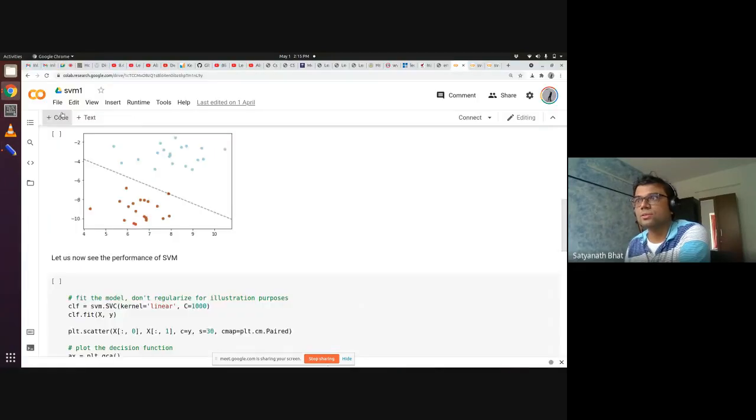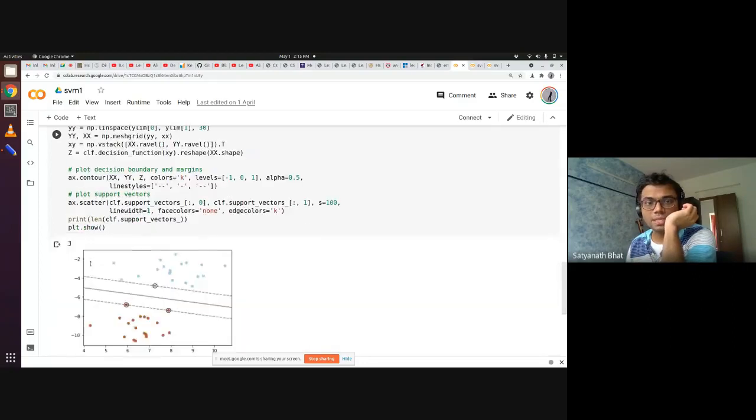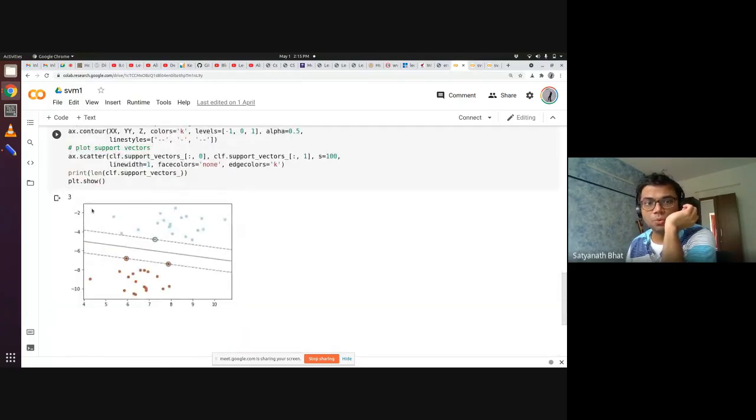Okay. So when we do this, there are some interesting things here. I will not go through describing this whole thing in detail, but what essentially happens is that you first find W and b using SVM, and then for every small chunk here, you evaluate the value of W transpose X plus b on each of the X's.